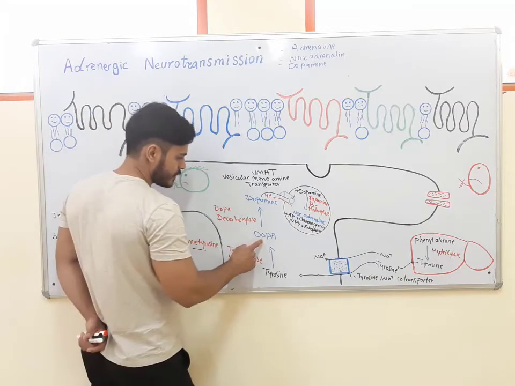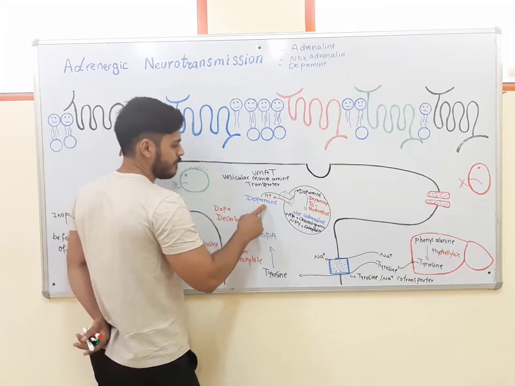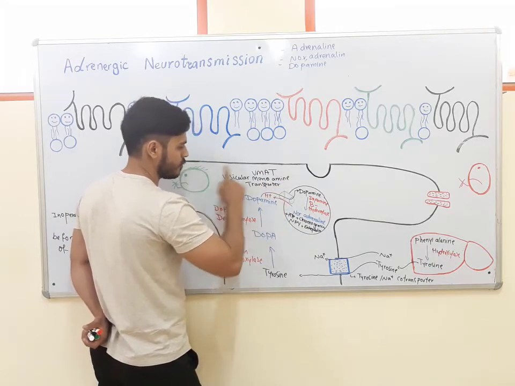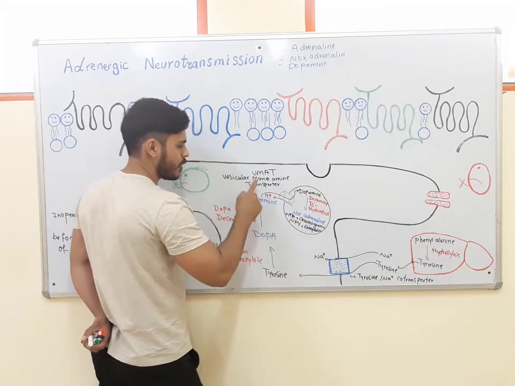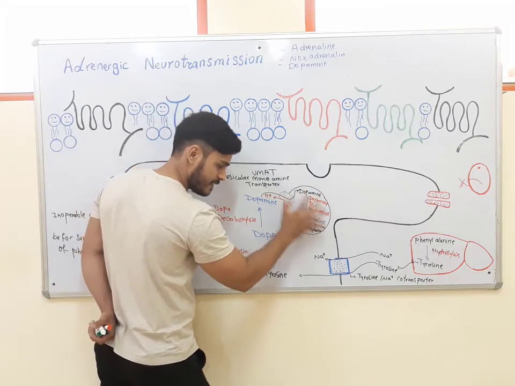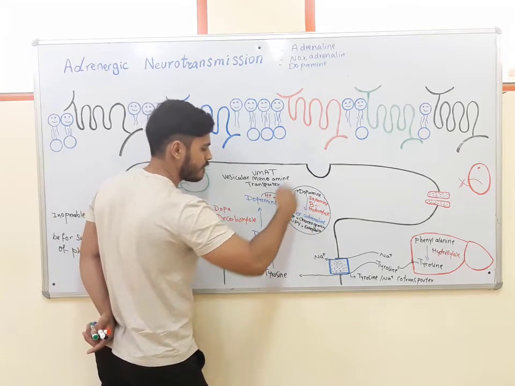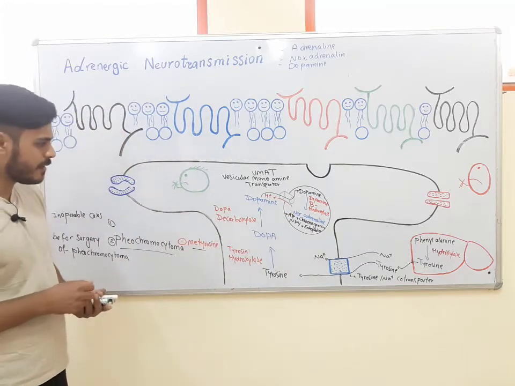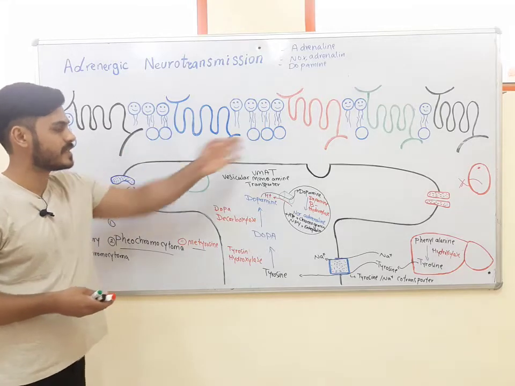In the next step, we convert DOPA to dopamine by DOPA decarboxylase. Next, we uptake dopamine into the vesicles with the help of the transporter. We convert dopamine to noradrenaline in the vesicles by the enzyme dopamine beta hydroxylase, and we store noradrenaline in the vesicles. Now, in the next step, we will talk about release of noradrenaline into synapses.